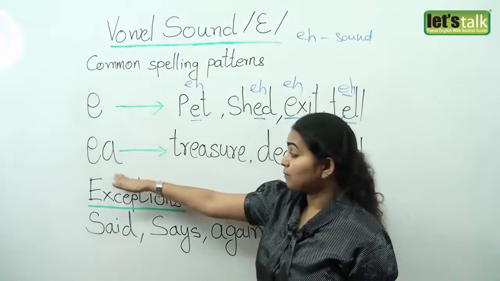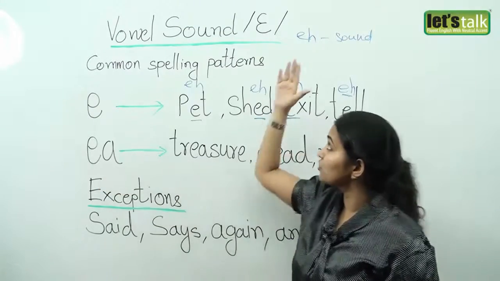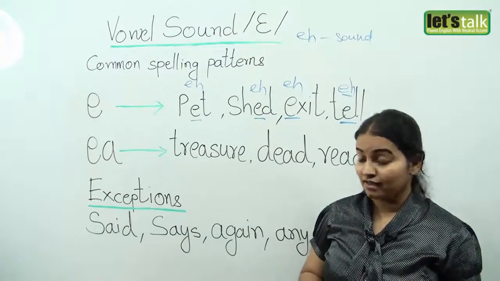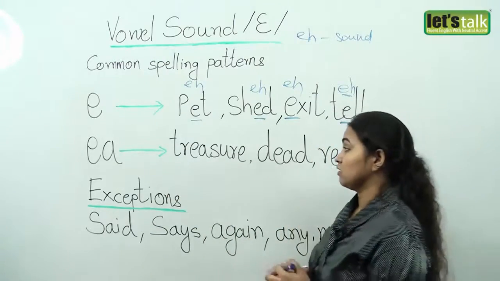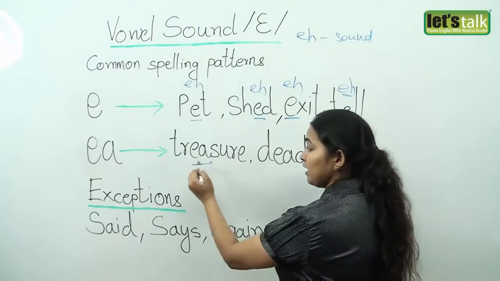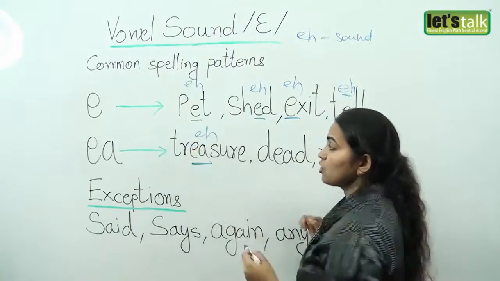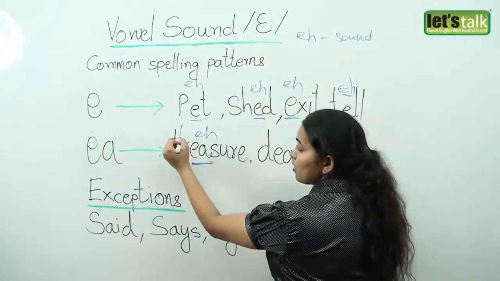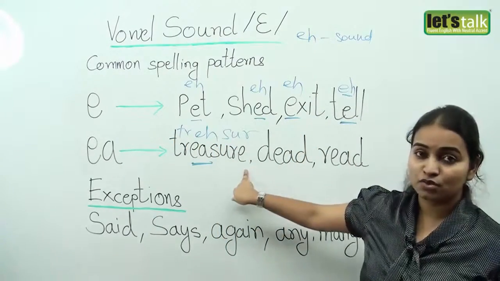Another common spelling pattern is the EA in words which give you the same short E sound. So the word treasure, EA gives me the short E sound. So I say treasure. The E is silent in this word.